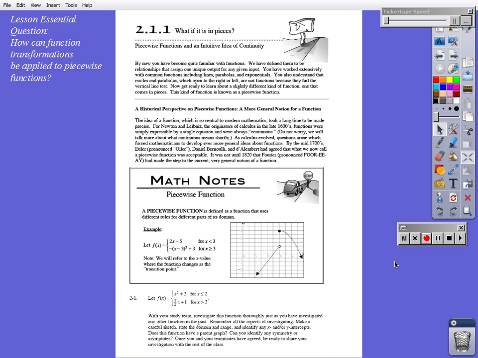The basic summary there would be that when we're graphing piecewise functions, which you should have experience with from Algebra 2, we are only graphing sections of functions over a defined domain. So, in the math notes box there, it tells us that we'll graph this line when x is less than 3, and we'll graph this parabola when x is greater than or equal to 3.